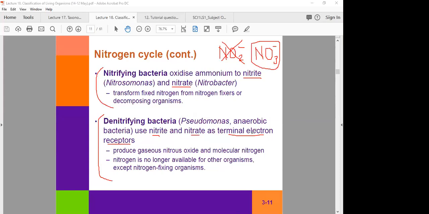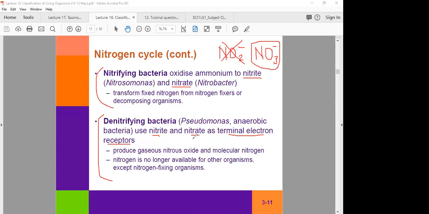Yeah, absolutely. That's right. So terminal electron acceptors, the final terminal electron acceptor is usually oxygen. Well, that's what we use anyway. We use oxygen to basically scavenge those electrons and keep the electron transport chain going. Okay, these denitrifying bacteria don't use oxygen. They will use nitrite and nitrate.